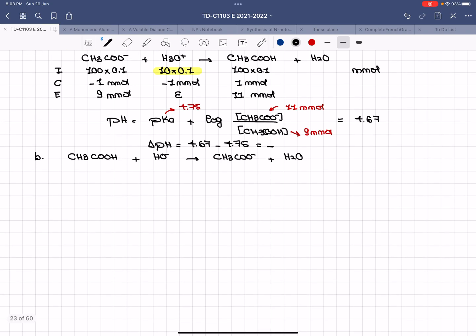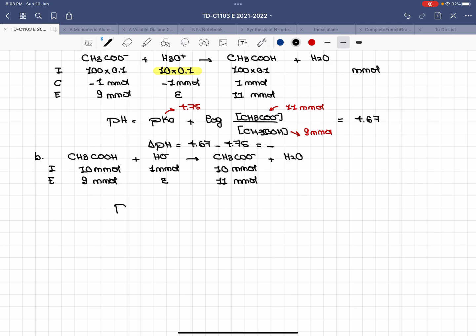While in the second part, remember initially 10 millimole. This is also, I think, 1 millimole, because they added 0.1, 10 millimole. So in the second part, the acid at the end will decrease to 9 millimole. This will be an epsilon. And the base will increase to 11 millimole.